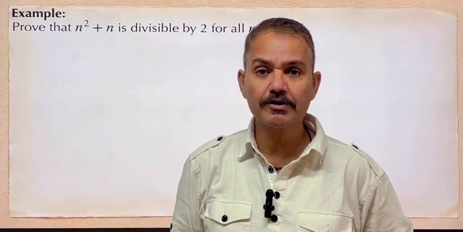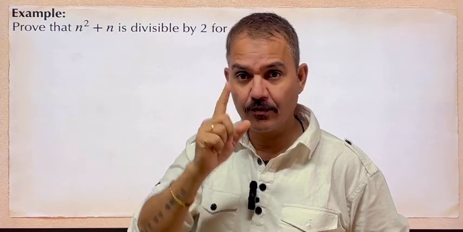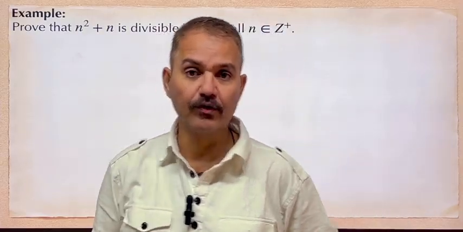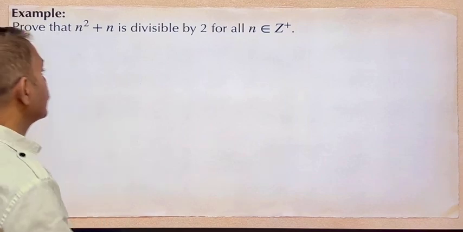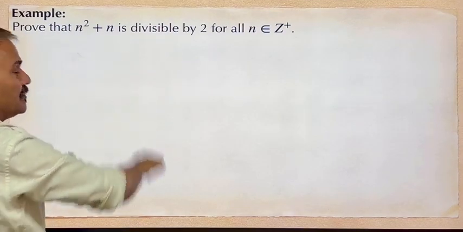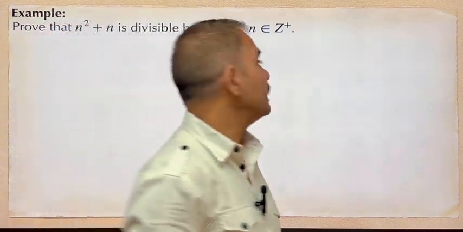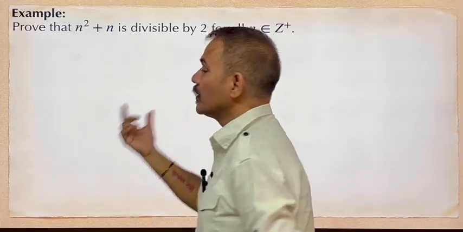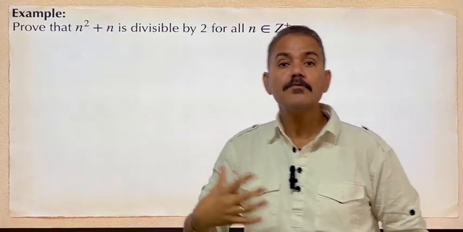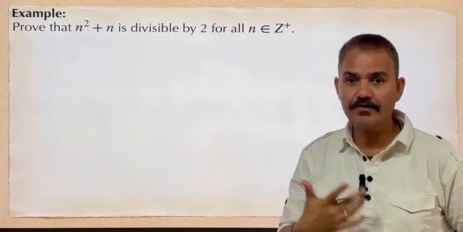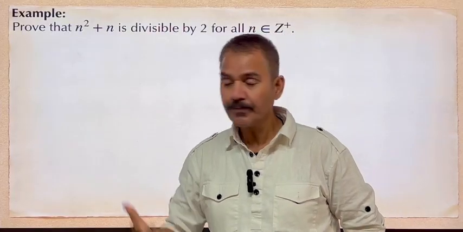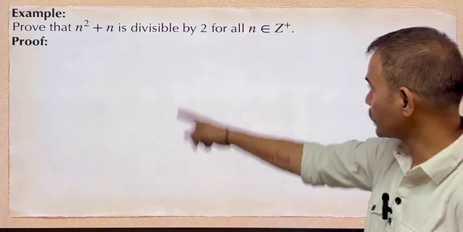So what is the smallest integer value here? 1. So 1, 2, 3, 4 and so on. We have to prove that for all positive integers, n squared plus n is divisible by 2. This statement could have been: prove that n squared plus n is an even number. So how do we do this?